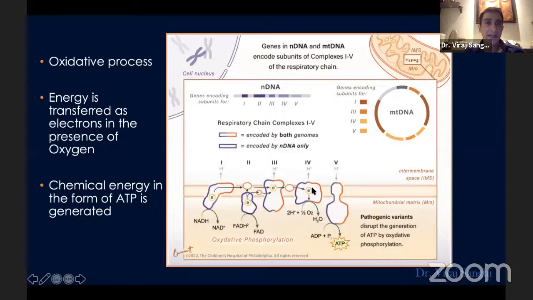It's an oxidative process. You need oxygen in order for the OXPHOS process to take place. You transfer electrons from one complex to the other, and energy is finally created in the form of ATP. This is what we call chemical energy, because ATP is being generated within the ATP synthase. So this is, very simply put, the OXPHOS reaction.